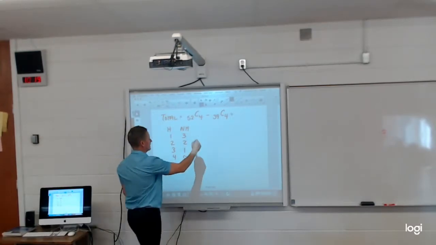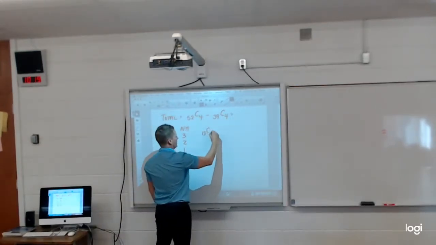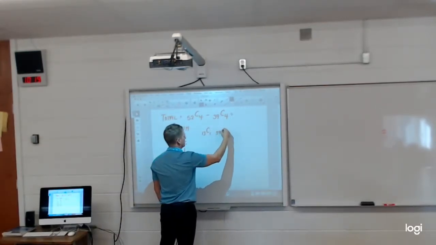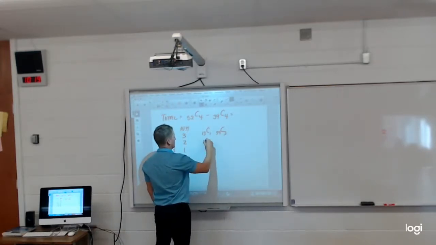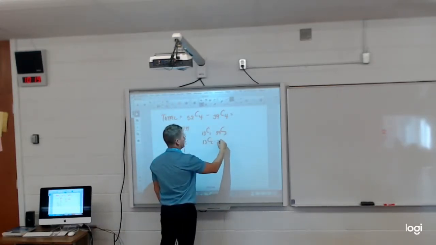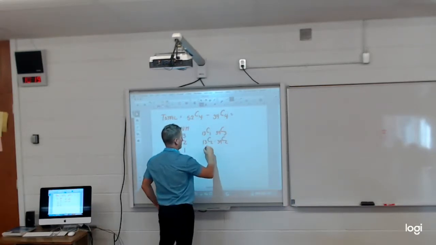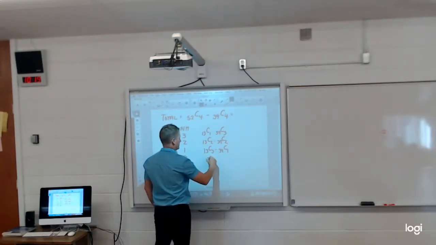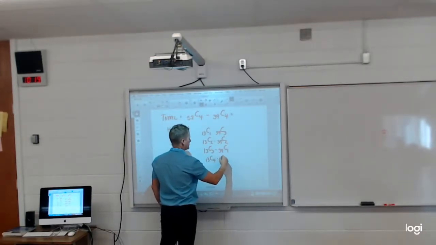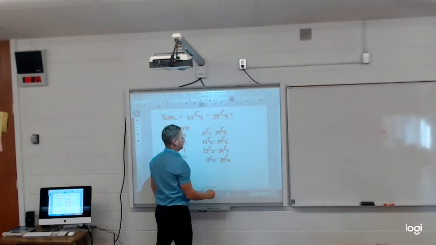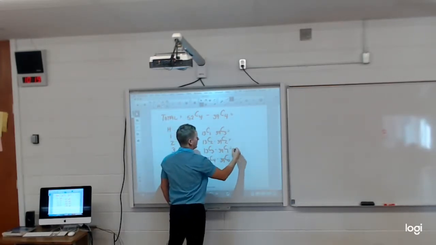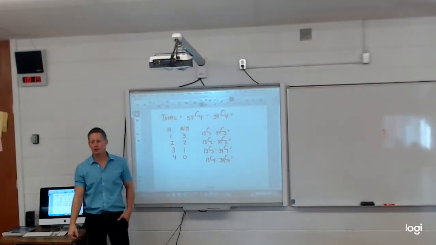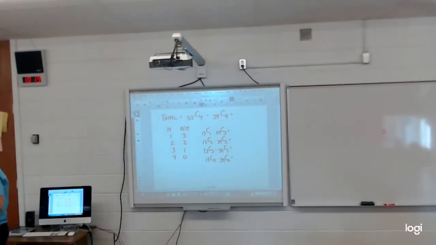So this would look like this: 13C1 times 39C3, 13C2 times 39C2, 13C3 times 39C1, 13C4 times 39C0. Those are all the possible cases in which I have at least 1 heart in a 4-card hand.